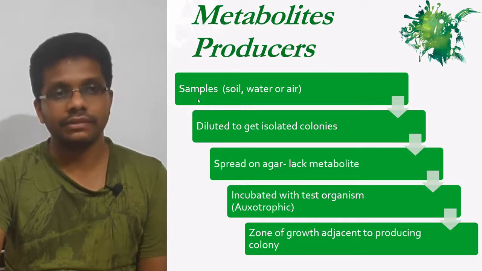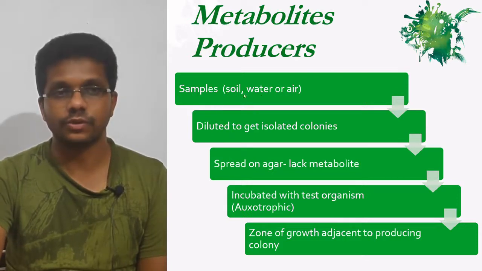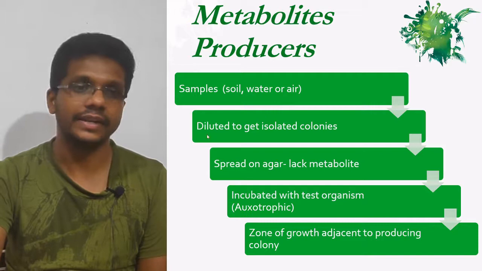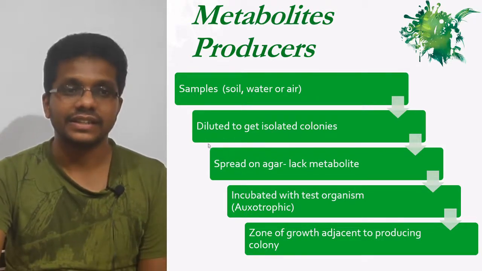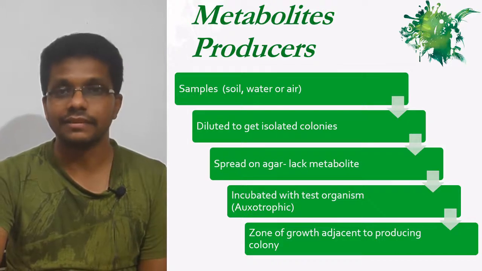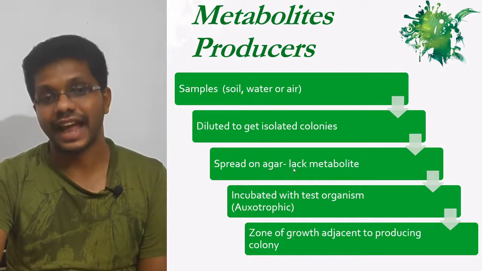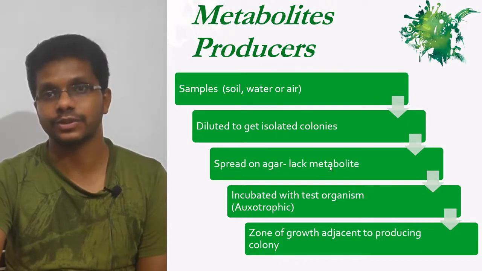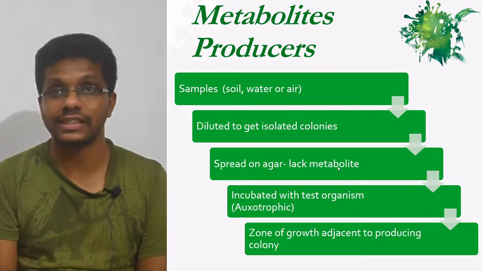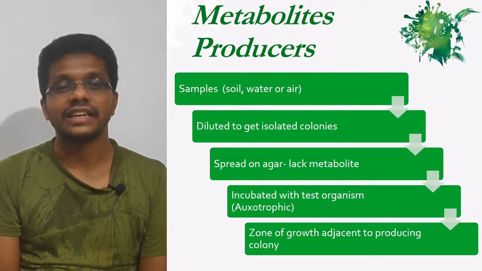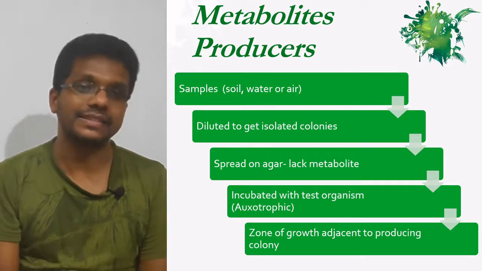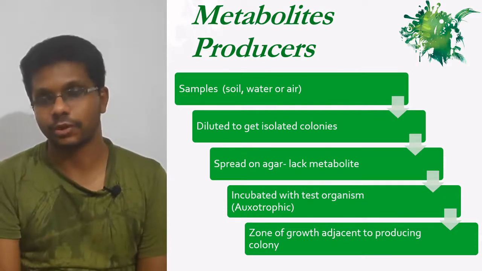Here, we are taking samples from different sources like soil, water, and air, and it is diluted. Once diluted, we are plating it in a medium which lacks the metabolite we are going to need. So if you are looking for an organism which is producing vitamin B12, we are plating the samples in a medium which lacks vitamin B12.